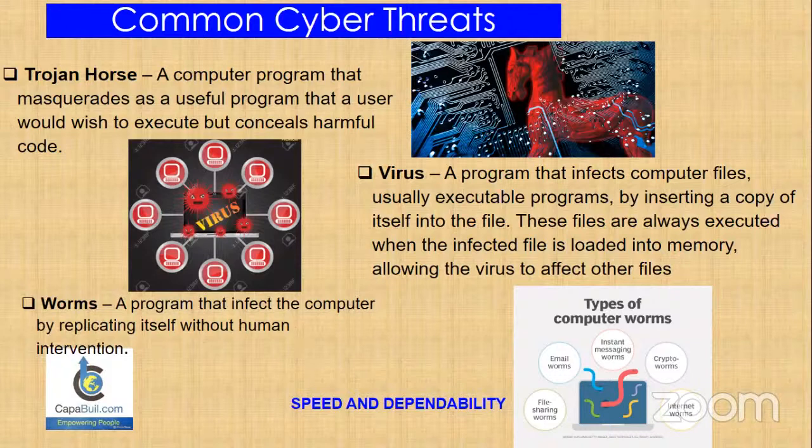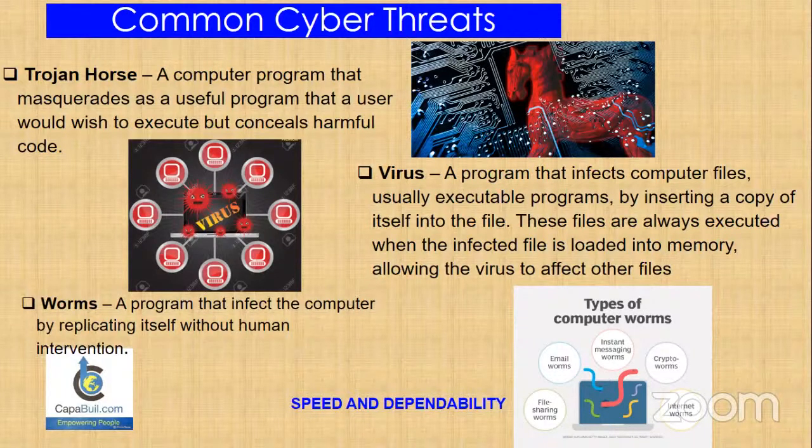There are different types of worms. There are email worms that move from email to email. There are instant messaging worms that move through instant messaging, be it on your phone, your website or your services. Then there are crypto worms, for what we do as cryptography. We're going to learn about that in a few.